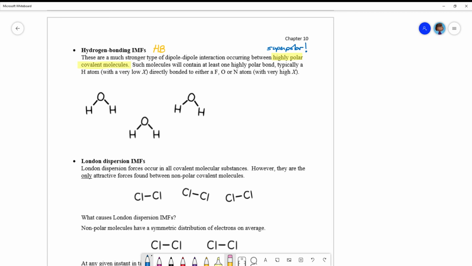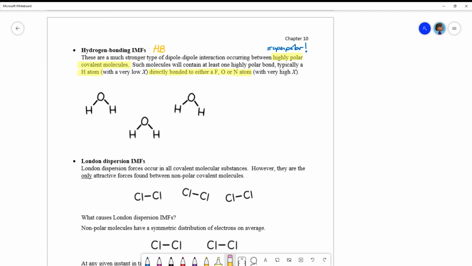molecules. Superpolar molecules. Now, what makes them superpolar is that they contain at least one really, really polar bond. And these really polar bonds typically occur when a hydrogen atom is directly bonded to either a fluorine or oxygen or a nitrogen atom. Now, hydrogen atoms have a very low electronegativity value, but fluorine, oxygen, and nitrogen have very high electronegativities.